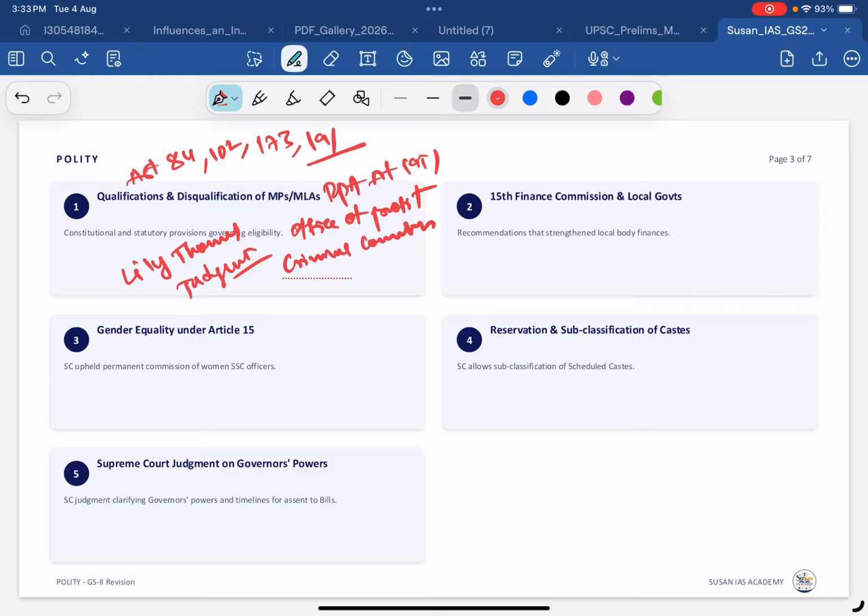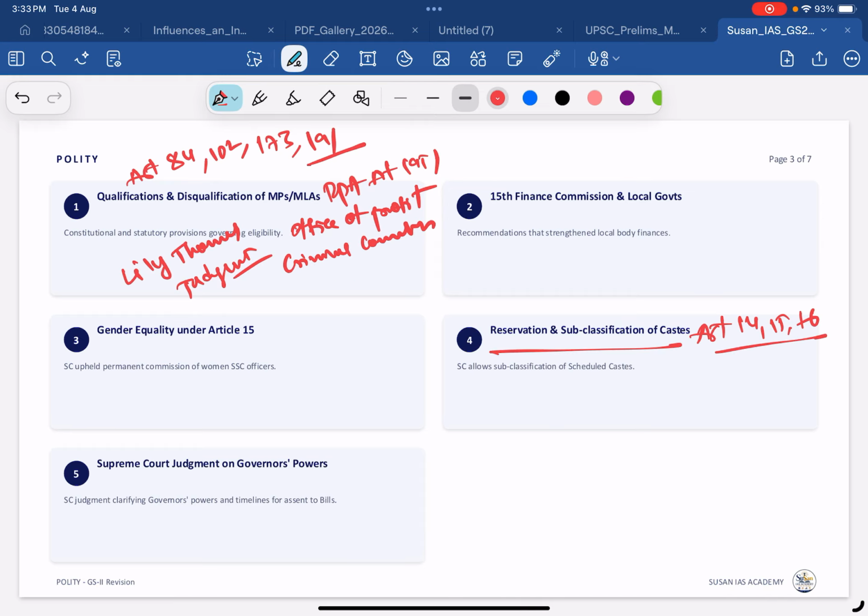And disqualification with electoral eligibility, and what are the reforms that can be taken in this qualification and disqualification of MPs, right? Okay. And reservation and subclassification, one has to again quote articles 14, 15, and 16. These are the dimensions that can be covered.